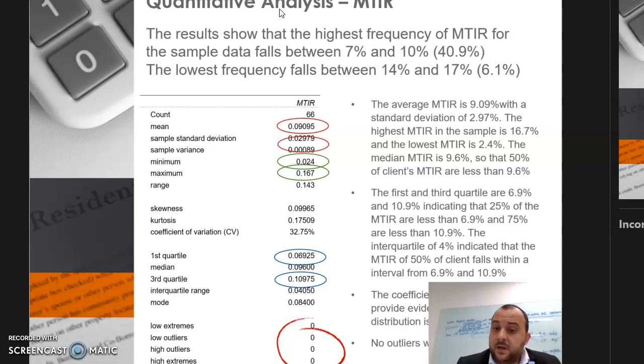Also, the highest MTIR in the sample was 16.7%, and the lowest is 2.4%. And 50% of the clients' MTIR are less than 9.6%.